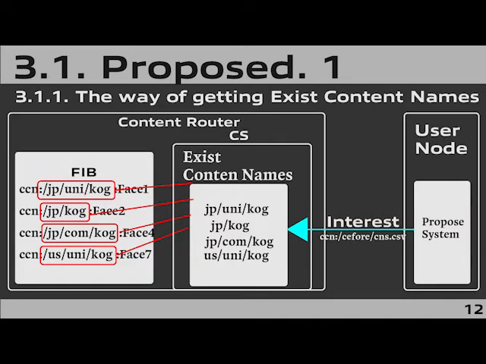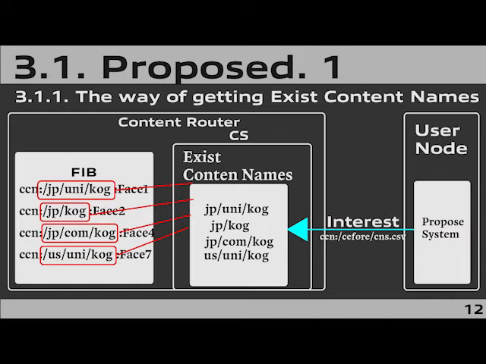We also described a method of acquiring existing content names from the neighborhood node. Basically, we are thinking of using the FIB. To output the FIB, the status management command of Cefore is used as the simplest method, and the existing content name is extracted from the status information of the FIB obtained as the standard output.